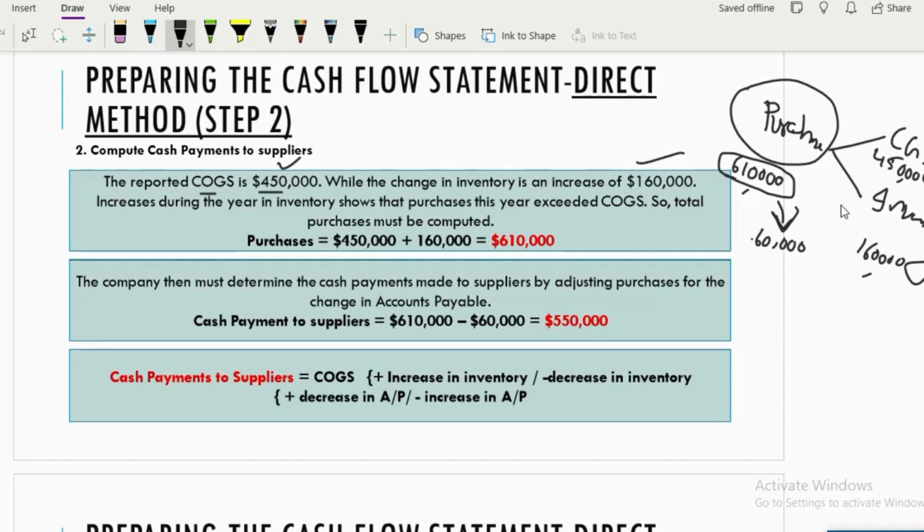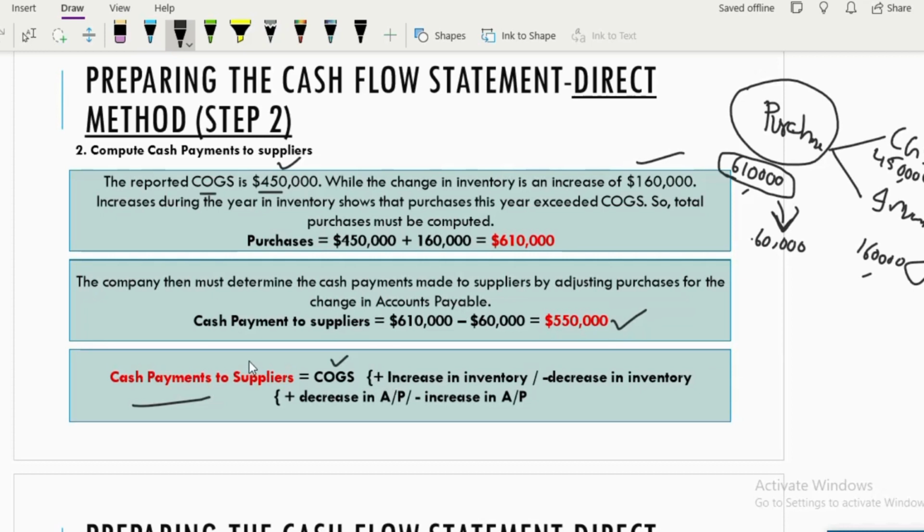So the remaining payment to suppliers is 550,000. So you are going to calculate the cash payments to suppliers in two different ways. Number one, check how much the total purchases are. How are you going to do that? Starting with cost of goods sold, if there is an increase in inventory, add it.